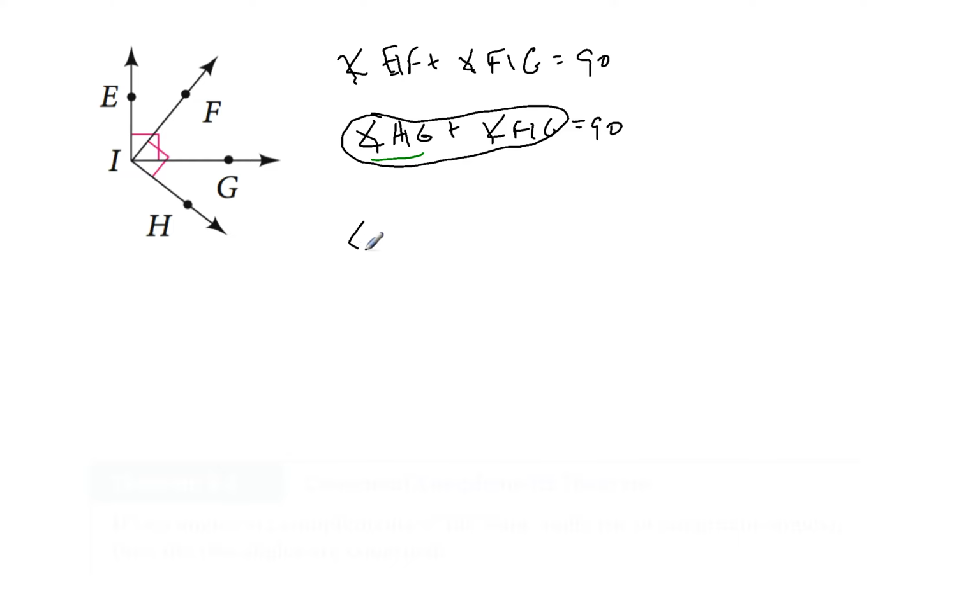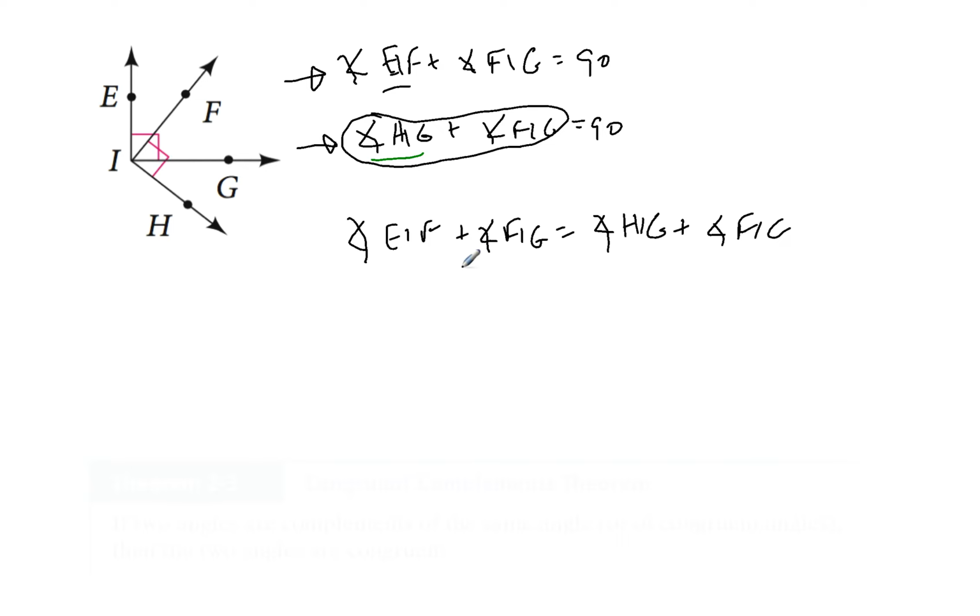So I could say that angle EIF plus angle FIG is equal to angle HIG plus angle FIG. Both of them are equal to 90 degrees, which means these two pairs of angles must be congruent to each other.